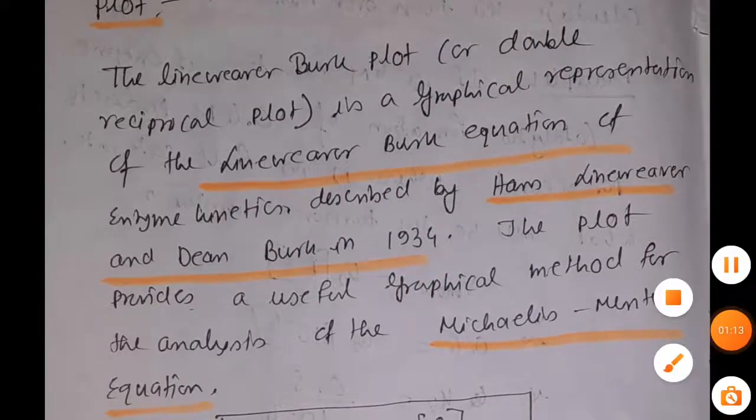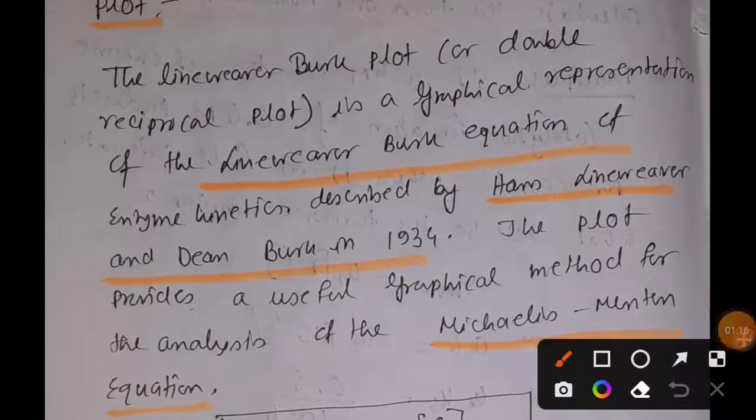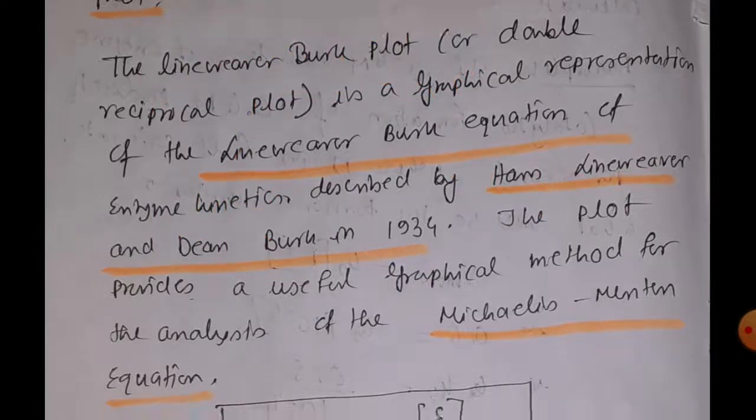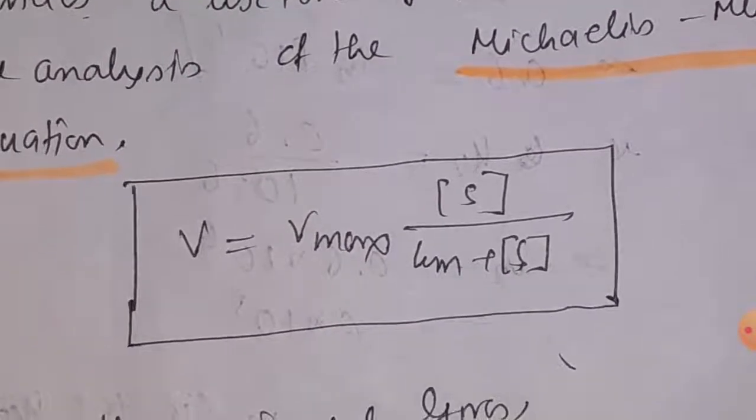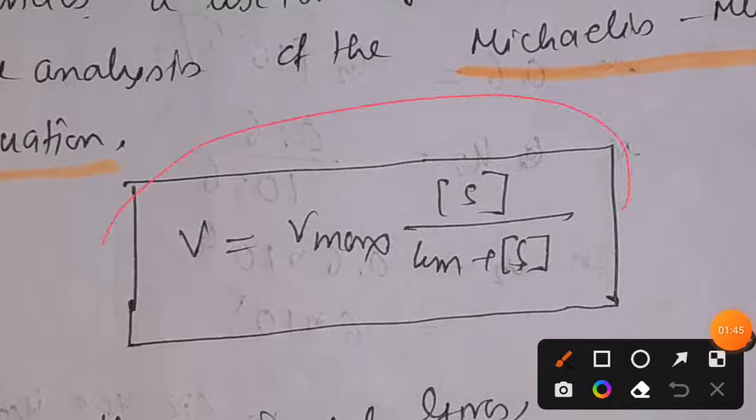Now I think you may know that for getting a straight line in the graph we need an equation of y is equal to mx plus c, where m is the slope and c is the intercept of y, or the intercept on the y-axis. If you look at the Michaelis-Menten equation, you cannot represent it as y is equal to mx plus c.